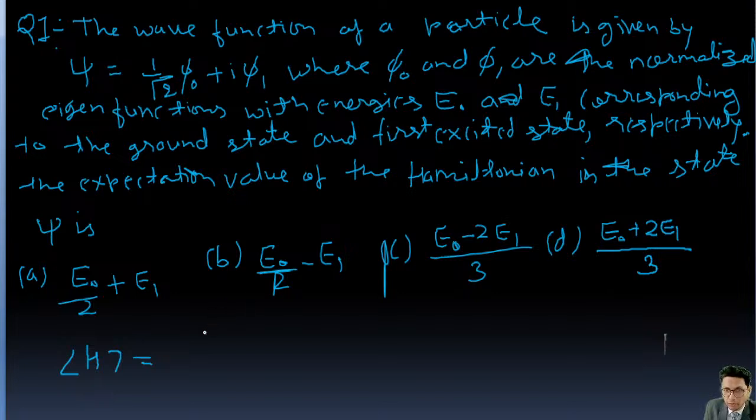the expectation value of the Hamiltonian. We know that it is <psi|H|psi> upon <psi|psi>. Okay, this is the expectation value.